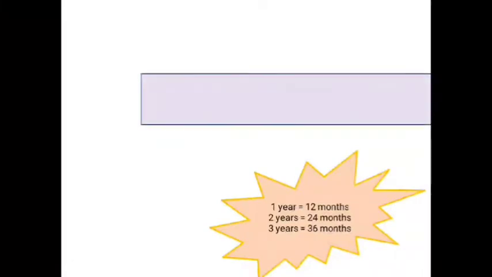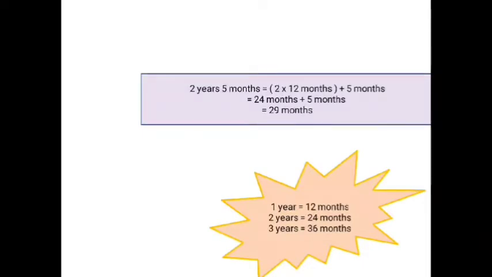Alright, now my question. In 2 years, 5 months, when we want to change into months, how many months in 2 years and 5 months? So, like the previous one, we multiply first. 2 times 12 equals 24. 24 plus 5 is 29 months.